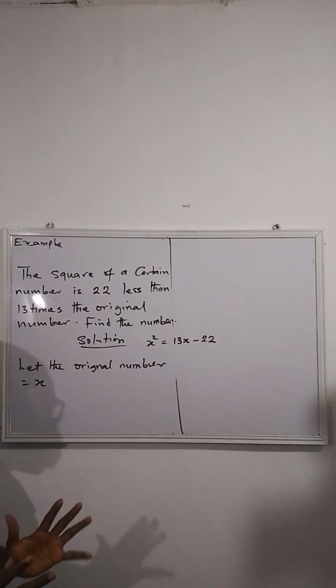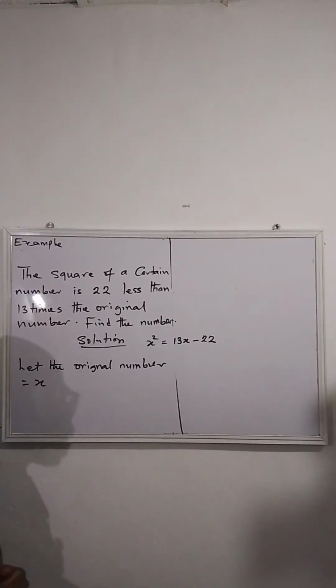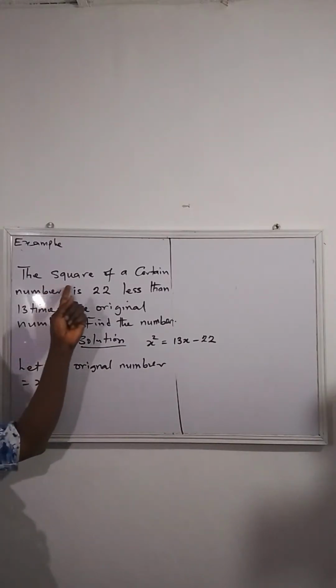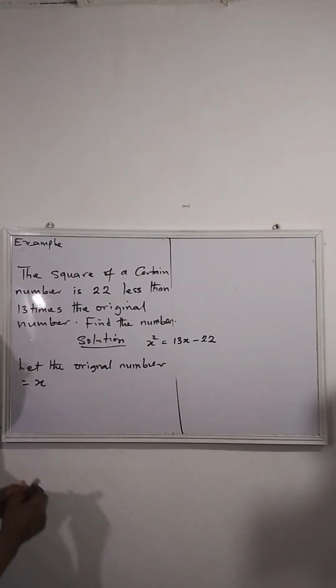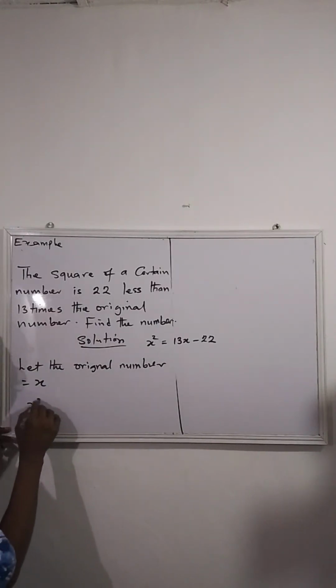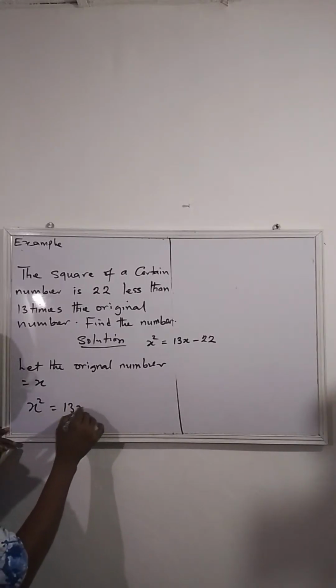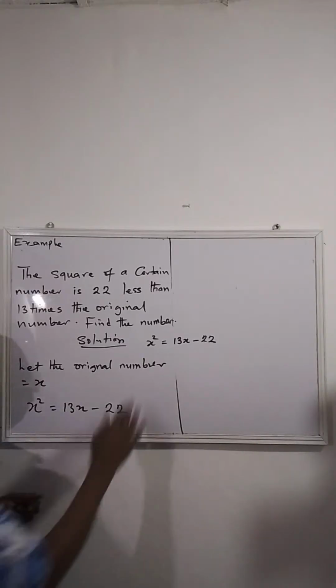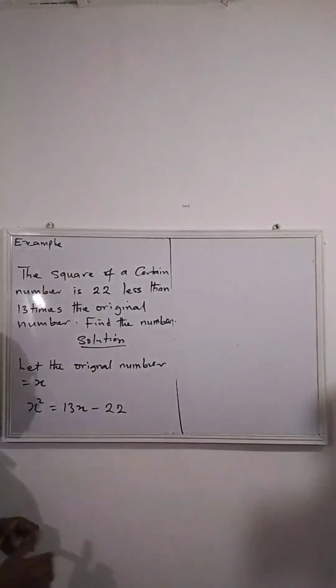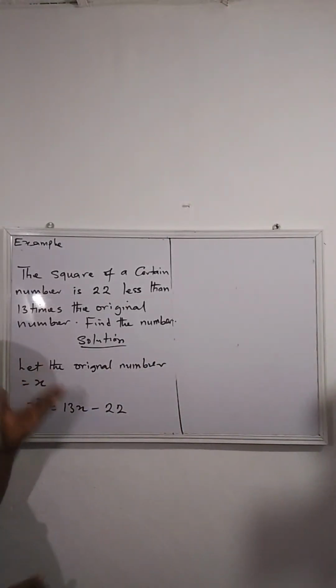All I need to do is get 13 multiplied by the certain number, reduce it by 22, and it's going to be equal to the square of the certain number. So we have x squared equals 13x minus 22. It's all about interpretation of a question.